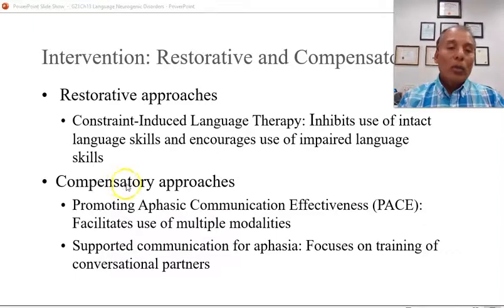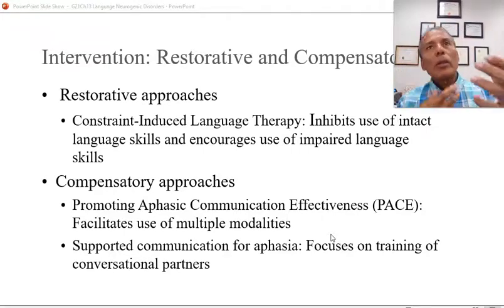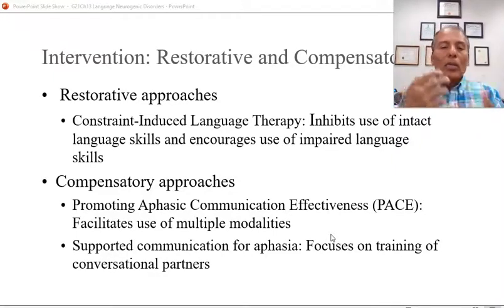And there are also the compensatory approaches, which focus on facilitating multiple ways of communication, like using gestures with sounds, with some words. So it's a combination based on what the patient has and is able to use.